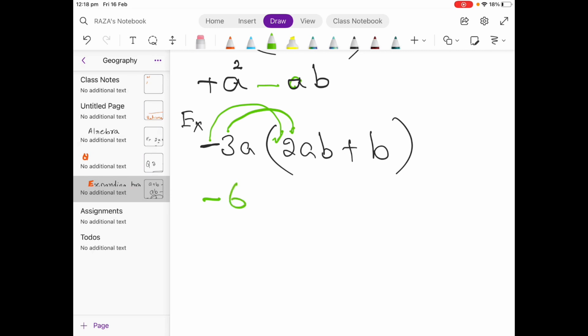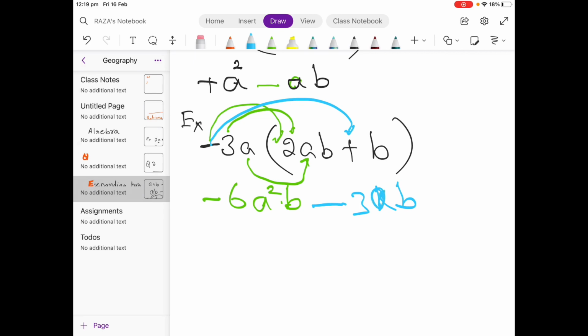And variable with variable: we have a similar variable here, so a times a is a squared, and a times b, because they are one term, so you do it once. Now again the next one, negative sign with the positive is negative. 3 times nothing here is 3. A times b is ab, so we write ab. This is how we open the bracket.